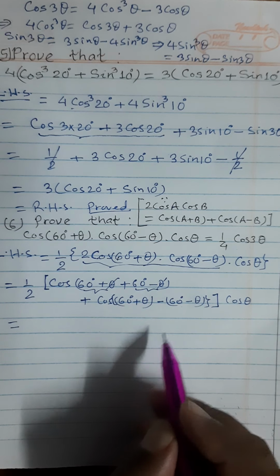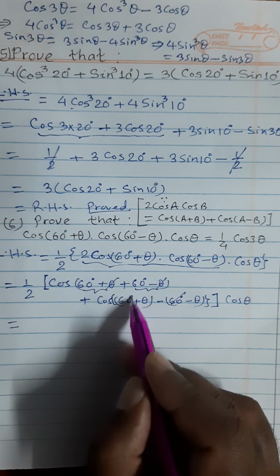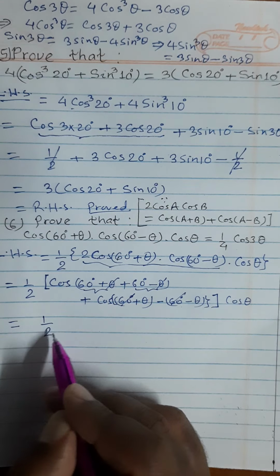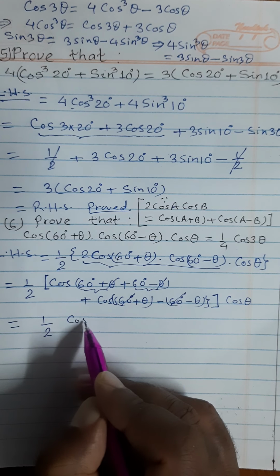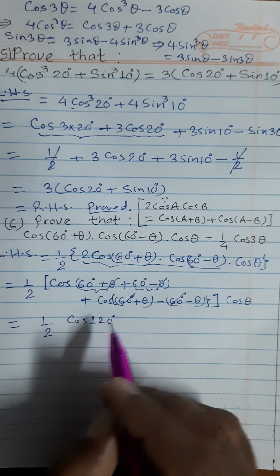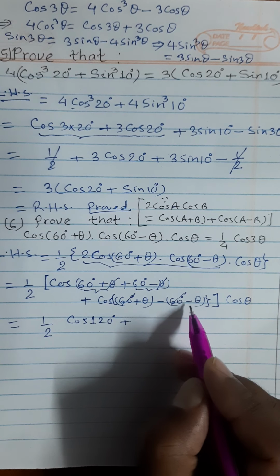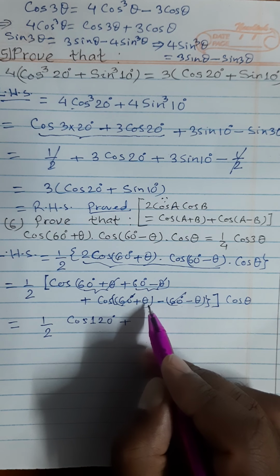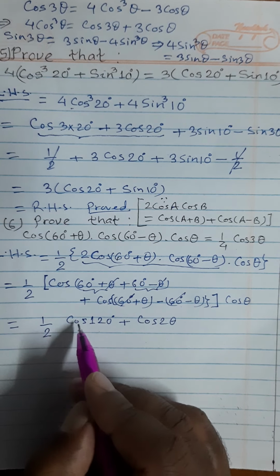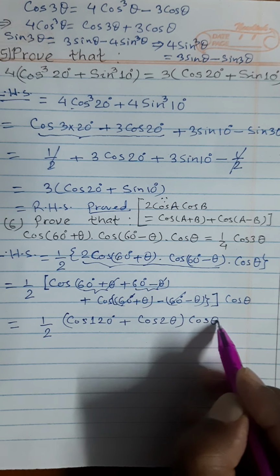Similarly, here this minus 60 and plus 60 can also be cancelled, and now we have 1 over 2 cos 60 plus 60. 60 plus 60, it is 120 degree, and here minus times minus it will be plus, plus theta and theta, that will be cos 2 theta, and outside there we have cos theta.